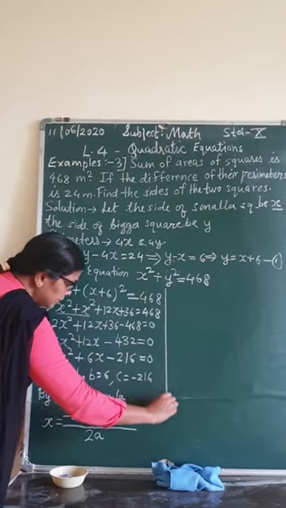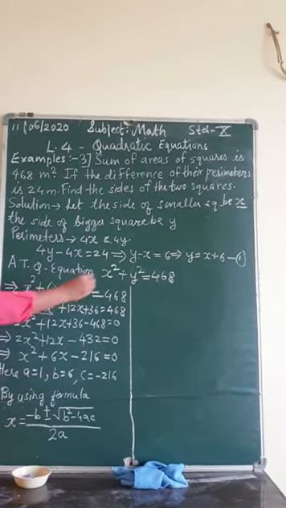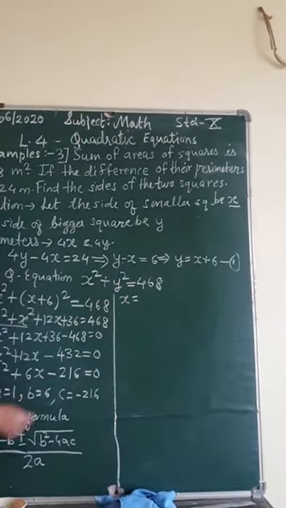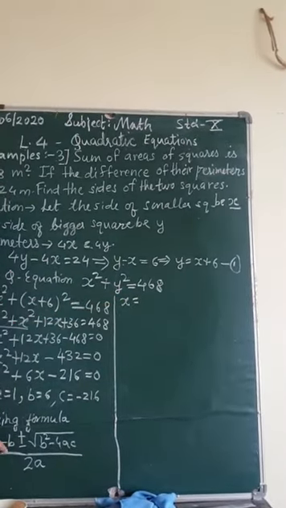I am solving it here. So x we get as, putting these values in this formula, b is 6.